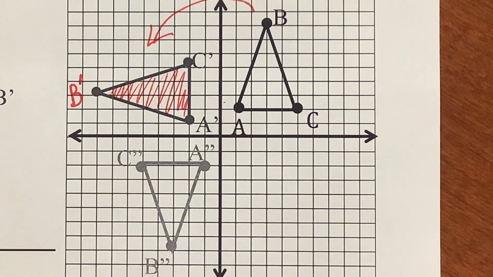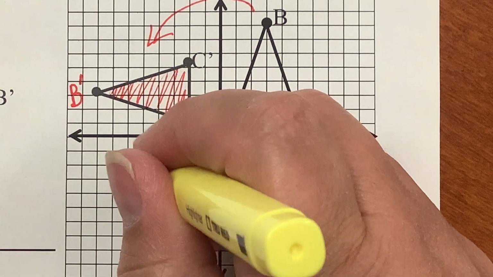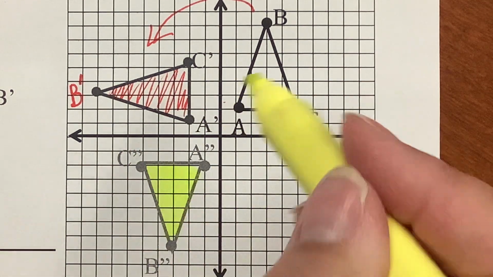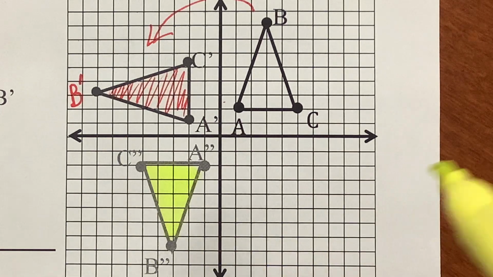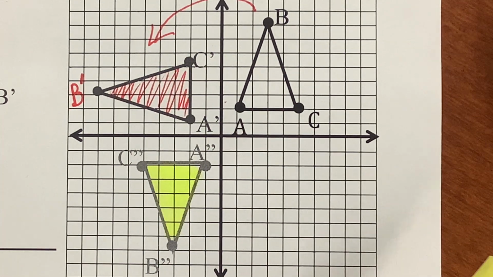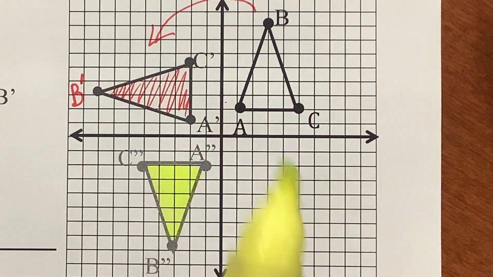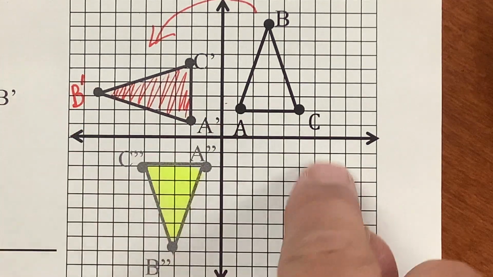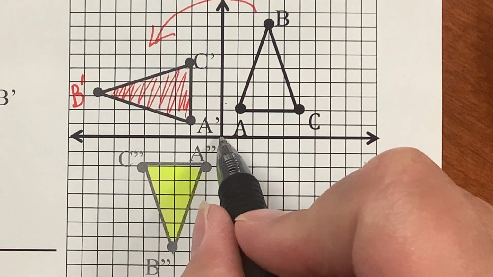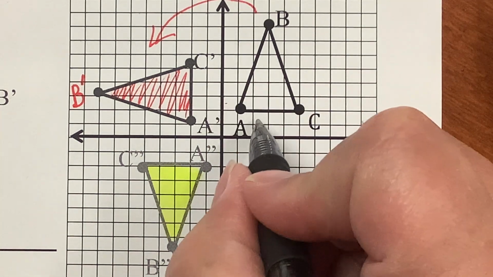And this one down here, which I'm going to highlight, A double prime, B double prime, C double prime, is a 180 degree rotation. So let's write the coordinates of all of these points right here on the graph. We'll start with A, which is at 1, 2.